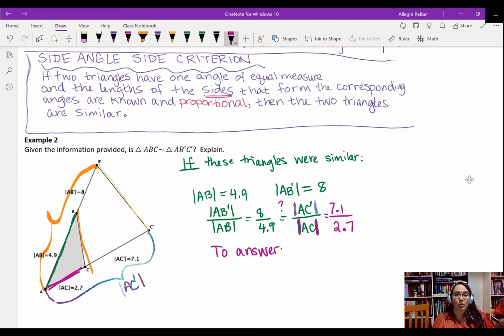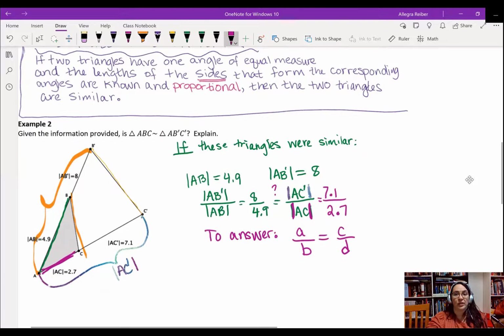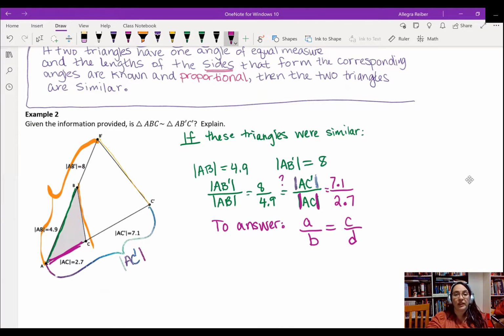So to answer the question, remember that if I have one number A divided by another number B is equal to a second ratio or fraction, C divided by D, that statement is equivalent to saying the following: A times D is equal to B times C. We call this the cross product way of understanding or solving a proportion.